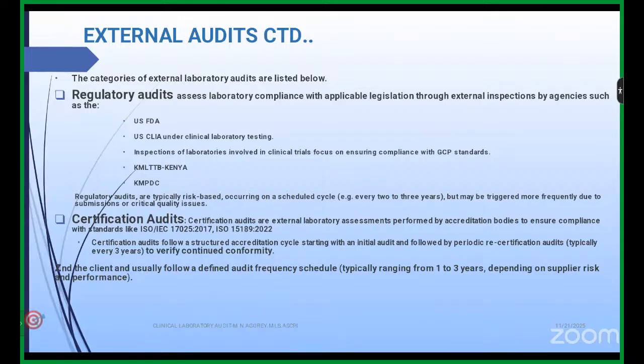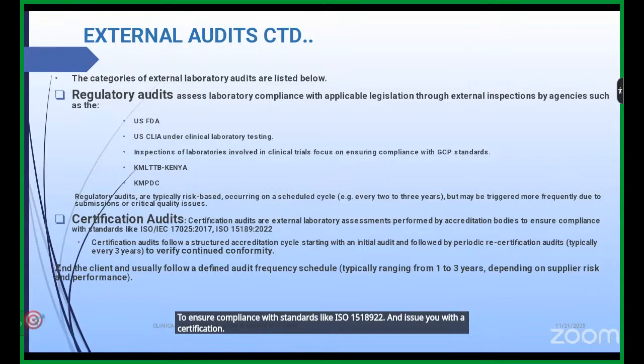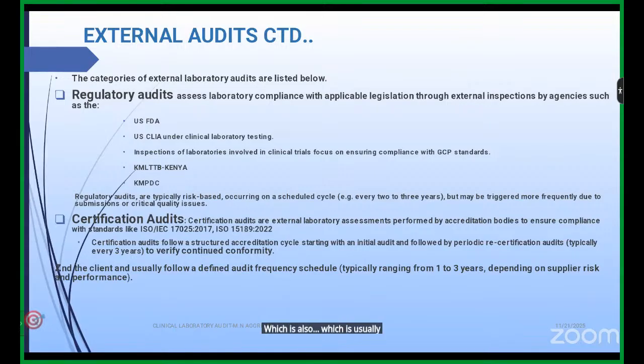There are also certification audits. Certification audits are there to ensure compliance with standards like ISO 15189:2022 and issue you with a certification, which is usually a mark of quality of your services.